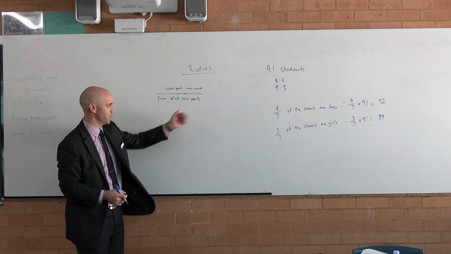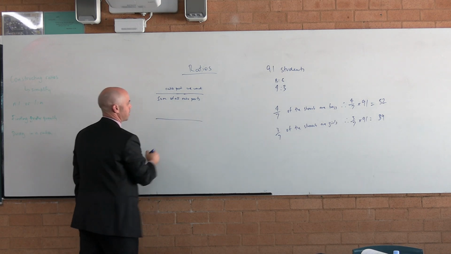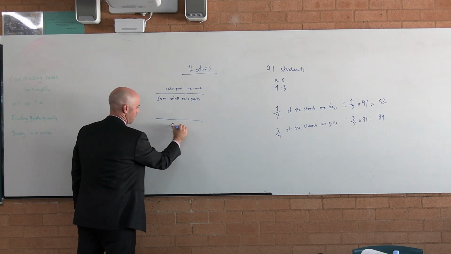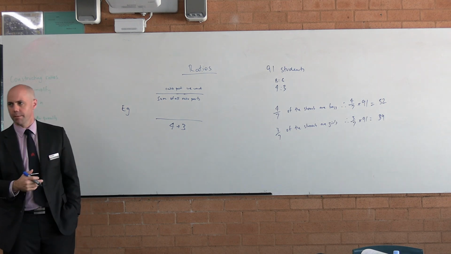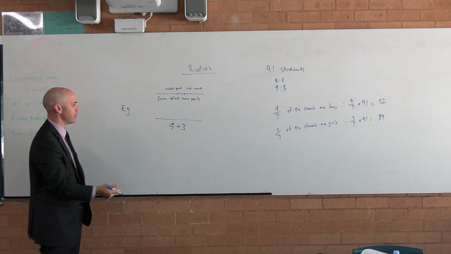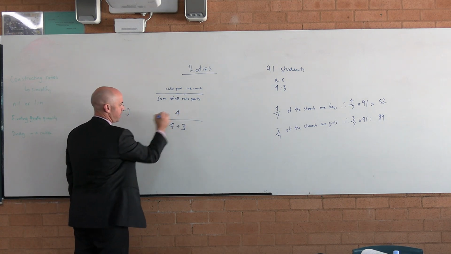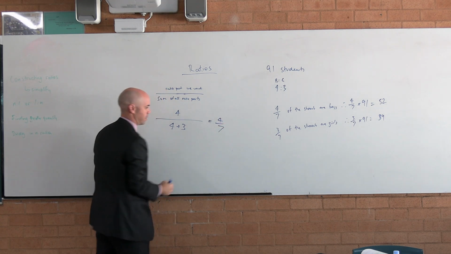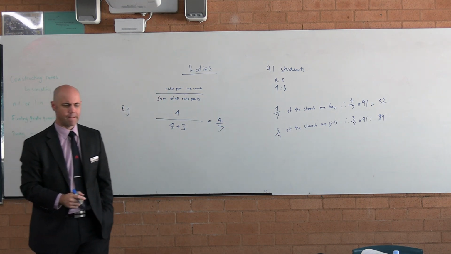So in this case, if the ratio is 4 to 3, then we put 4 plus 3 in the bottom, which makes 7. And if we want to know how many boys there are, then we put the boy ratio part in the top, so it becomes 4 over 7.